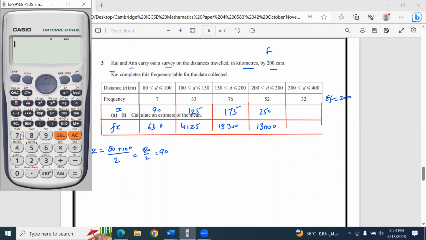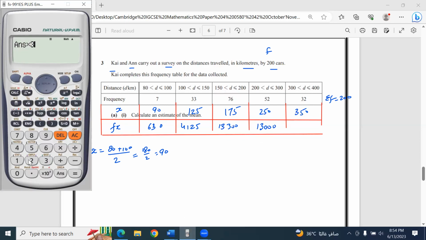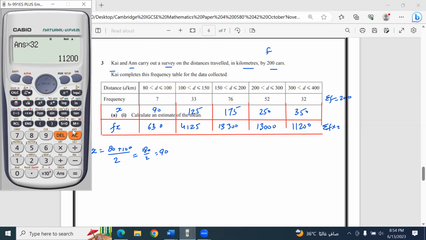So half of 700 is 350 multiplied by 32. It gives me 11,200. Add all these. That is your summation fx, which gives us what?